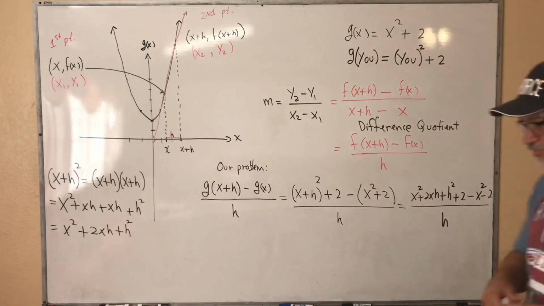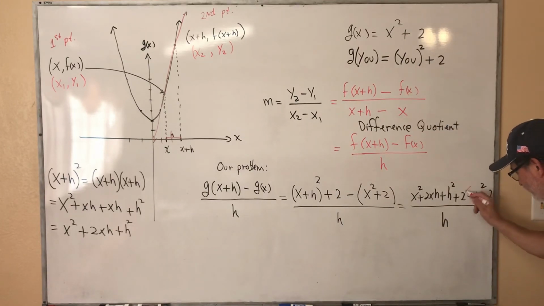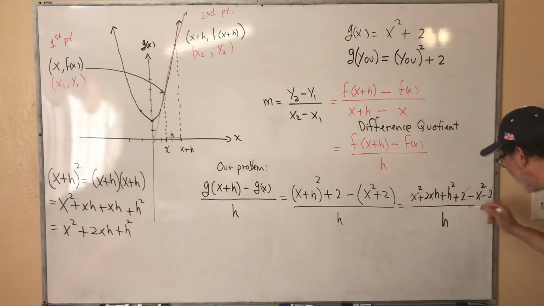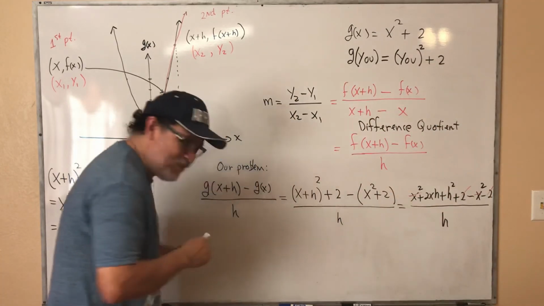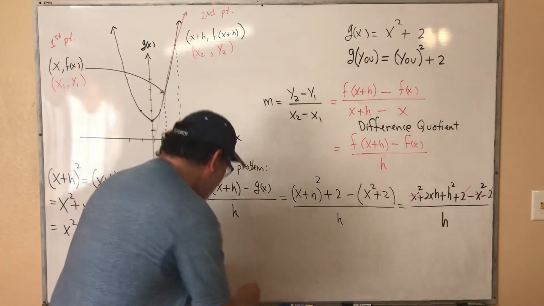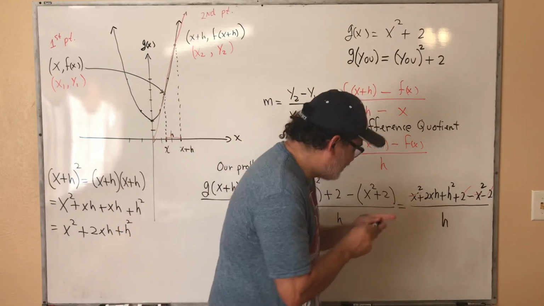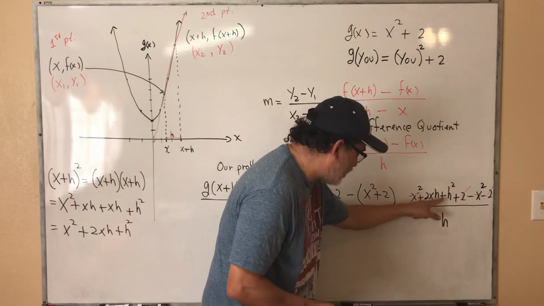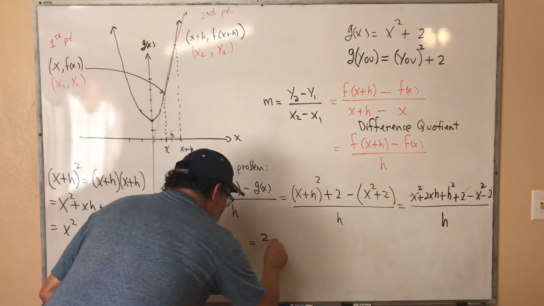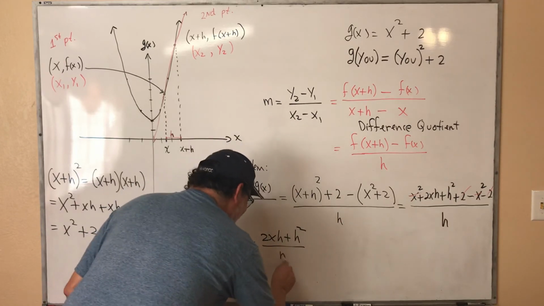Okay? Very good. This 2 cancels this one. This x squared cancels that one. What is it that we get? Good class. This is fun. This is gone, and this one is gone. We just get that one and that one. We get 2xh plus h squared divided by h.